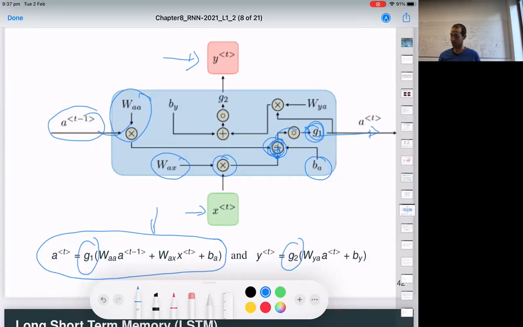Make sense? But this part is also used to do the prediction. So you can see the RNN like a simple gate.